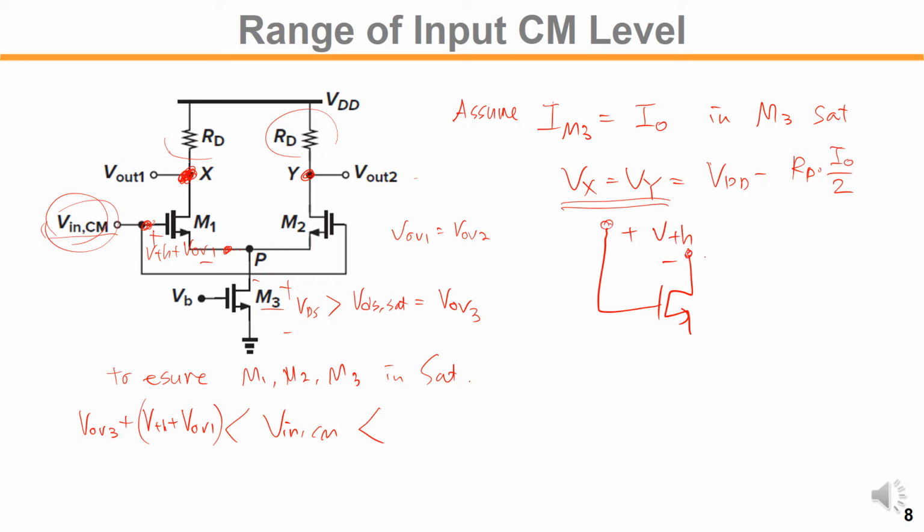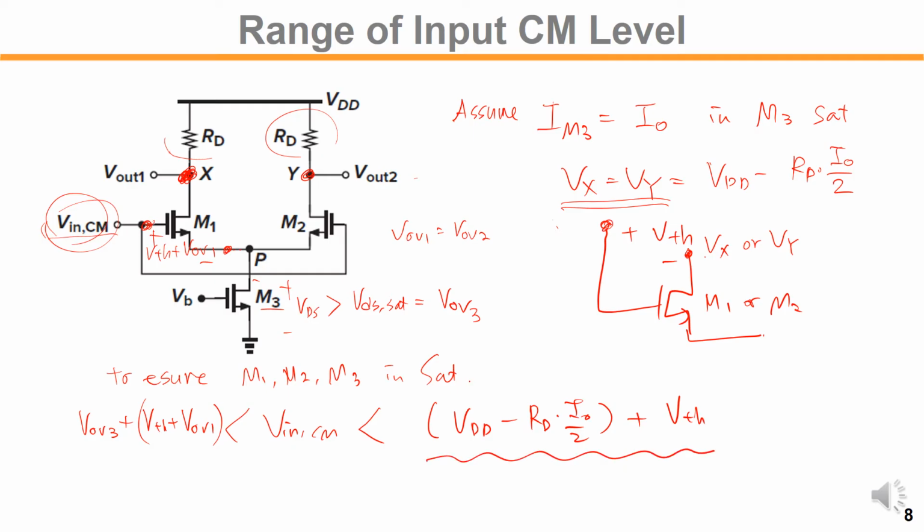At that point, transistor M1 or M2 will be at the edge of saturation, right? So under that condition, Vin,CM is a VTH higher than this Vx or Vy, right? So the Vx voltage would be VDD minus RD times I0 over 2. Now plus VTH, that would be the maximum input common mode voltage that we can ensure that everything is in the saturation region.